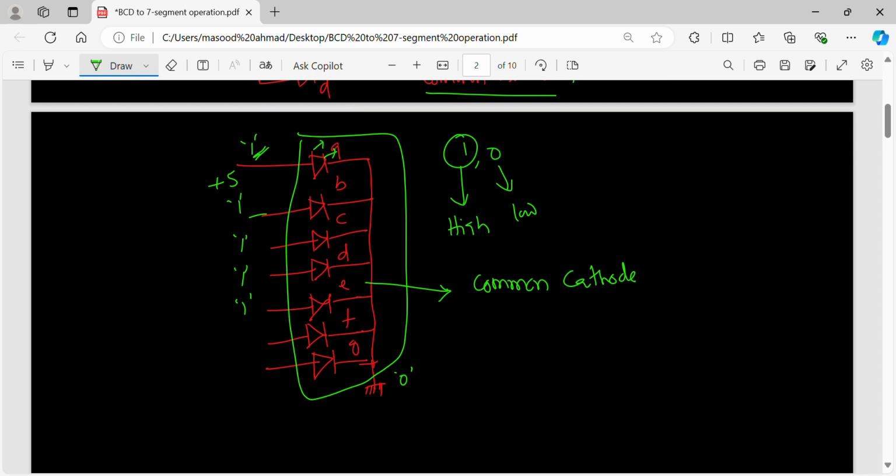So this is what is known as common cathode and common anode. If I take a common cathode type, and make B input 0, C input 0, accordingly this will glow and this will glow. This will show you the representation of number 1.